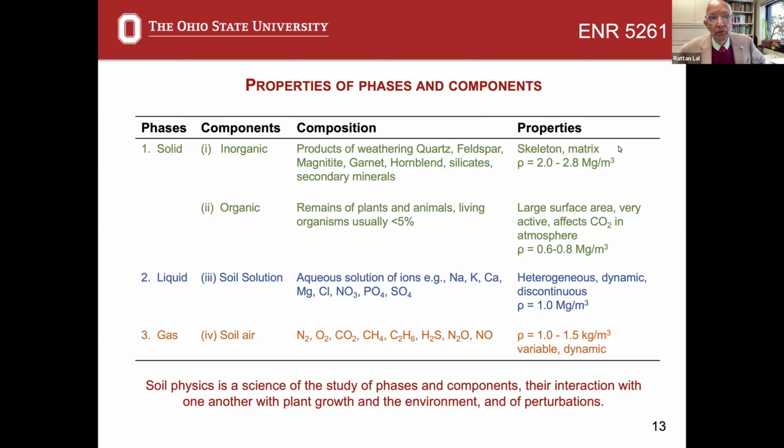And the density of gaseous material varies from about 1 to 1.5 kilogram per cubic meter. See, the air has a density of 1 kilogram per cubic meter, while water has a density of 1 megagram per cubic meter. See the difference between the two? They differ by a factor of 1,000.